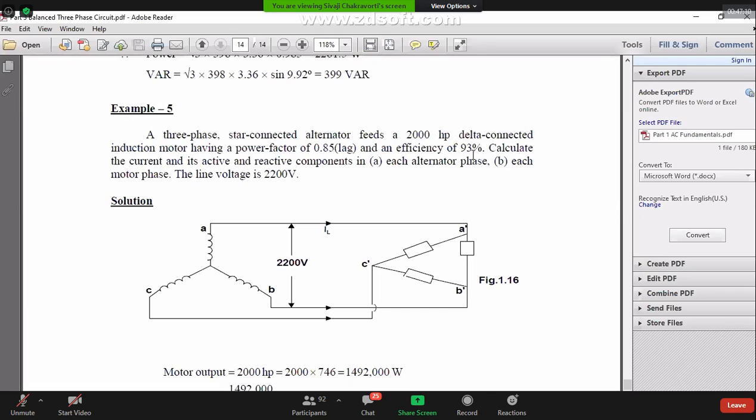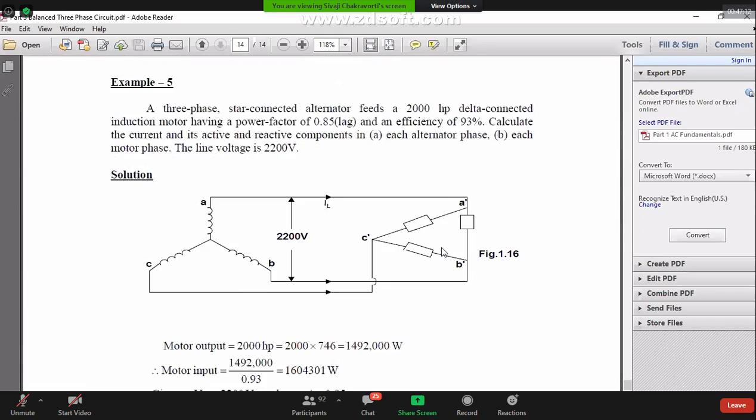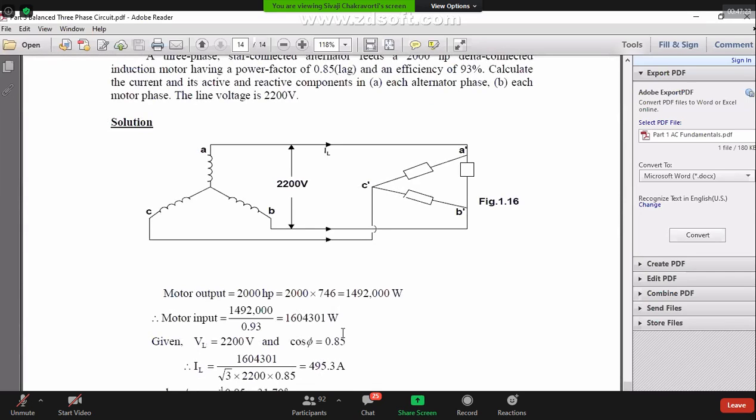And we have to calculate the current in each alternator phase and motor phase. That means what is the current in the alternator phase? What is the current in the motor phase? Now to know current, first I have to know what is the power, because I know the voltage and I know the power factor. It is already given in the problem, 0.85 lag, because induction motor has a lagging power factor. So I have to know the power.